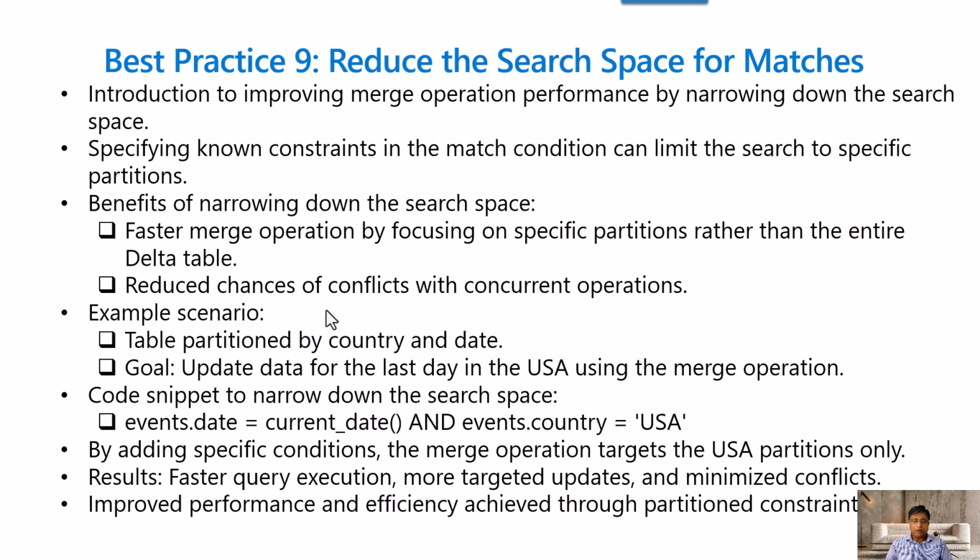It also reduces conflicts, because if the search is happening across different partitions, then the chances of conflicts will be bigger. If you are doing it in a narrowed-down approach, it will be less. So this is how you can use this.